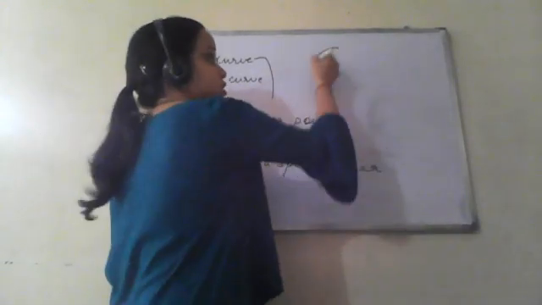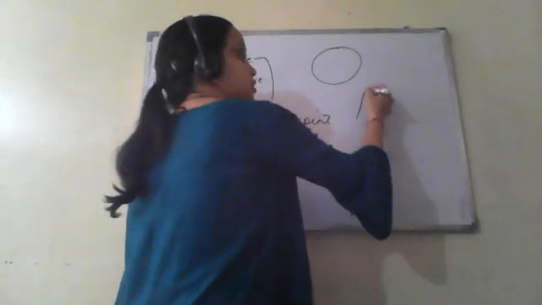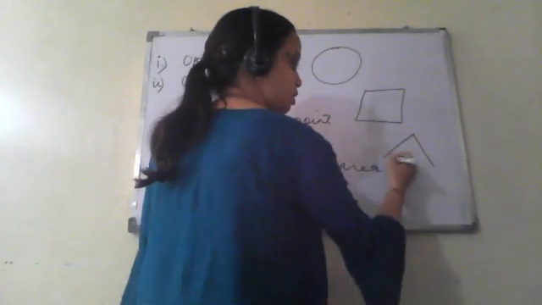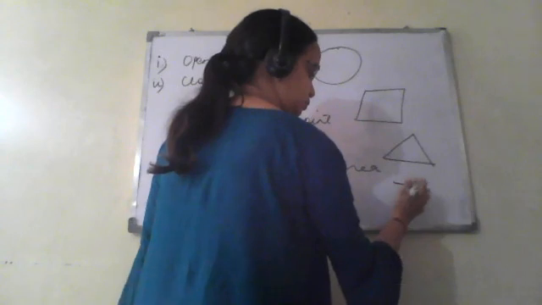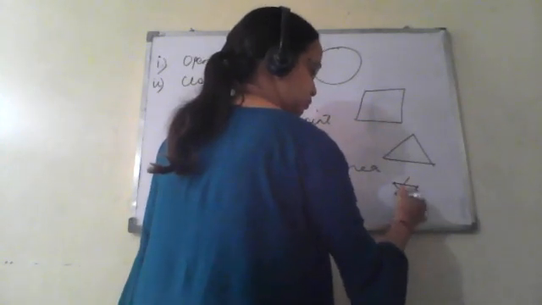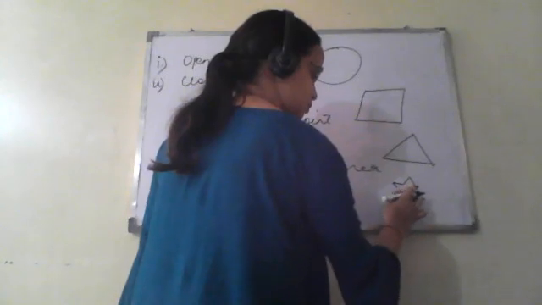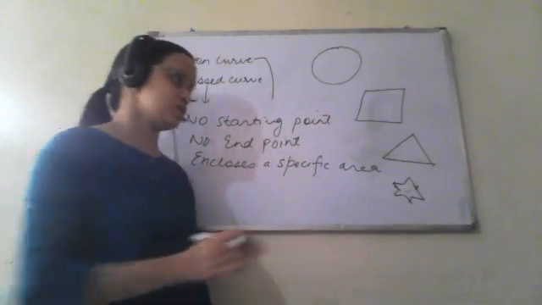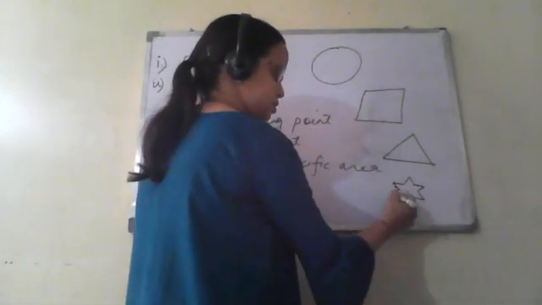So if I draw a circle, or any quadrilateral, this is a quadrilateral. I'm very bad at drawing, so kindly see.